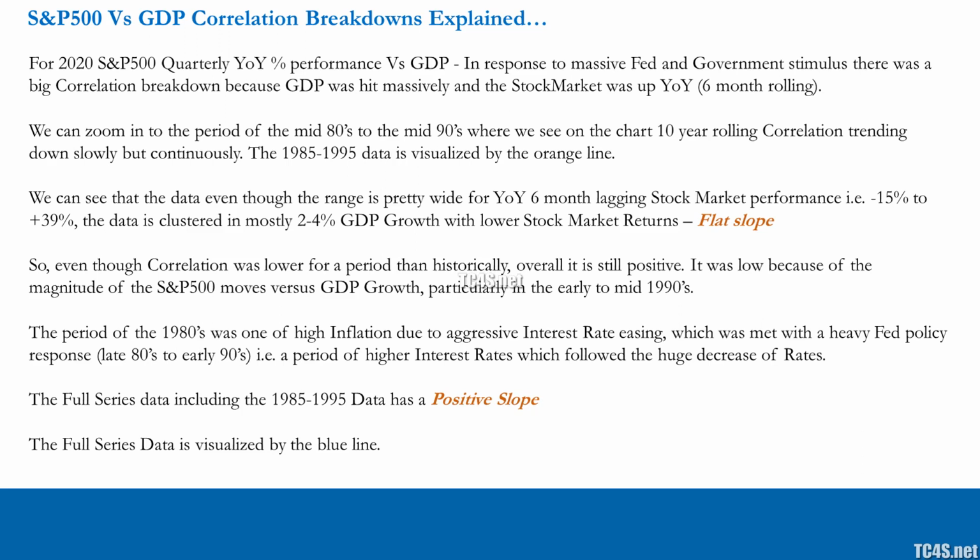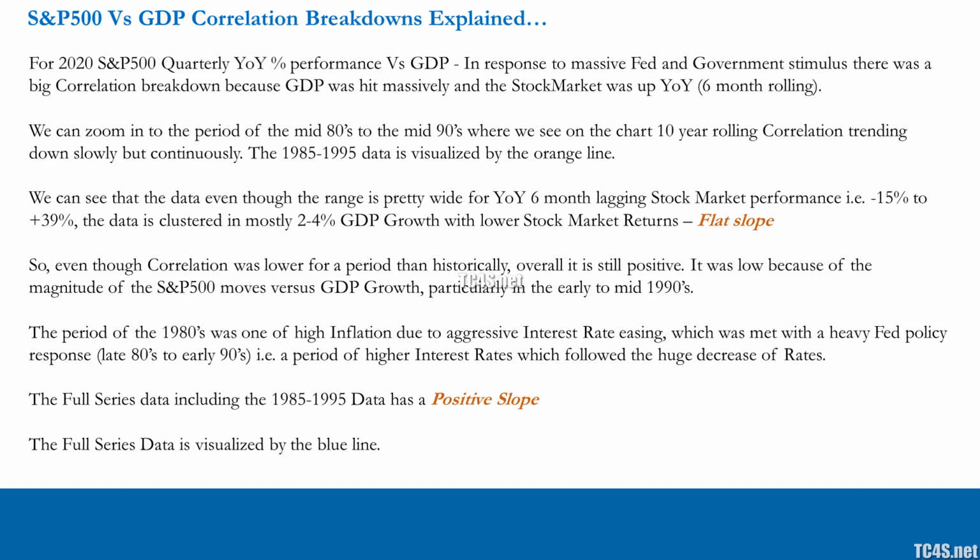There was a massive correlation breakdown because GDP was hit in a massive way. And because of the massive Fed and government stimulus, the stock market was up year-on-year, on a 6-month rolling percentage basis. So it's an extreme number that skews the data set, okay? And it's obviously an outlier and it's completely abnormal, okay? Abnormal being it's not a normal situation.